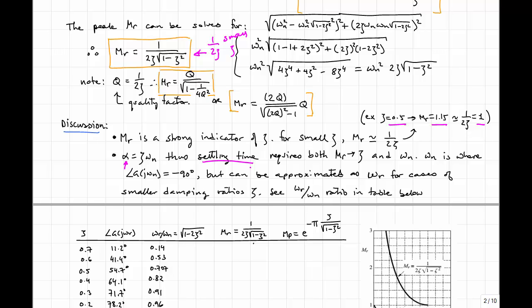So if we're trying to estimate the settling time, we can estimate zeta from Mr, and then we have to find omega n. Omega n may be easily spottable by considering the frequency at which the angle of the transfer function is minus 90, but we can also approximate omega n using omega r for cases where the damping ratio is small.